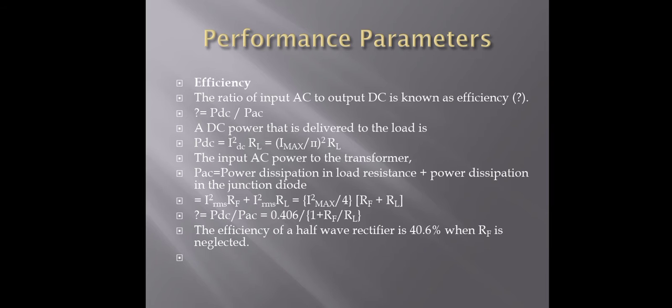Then the root mean square value of the output voltage is Vrms equals the square root of 1 upon 2 pi integration from 0 to pi of Vm sin omega t, and the RMS value of the output current is Irms equals Vrms divided by R, that is Vm divided by 2R. Next is the output AC power PAC.